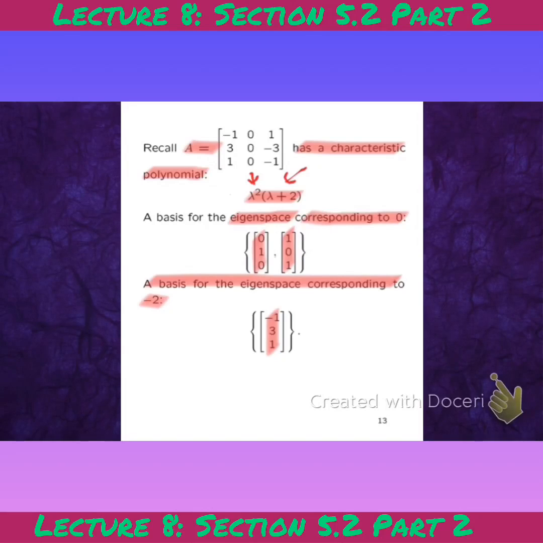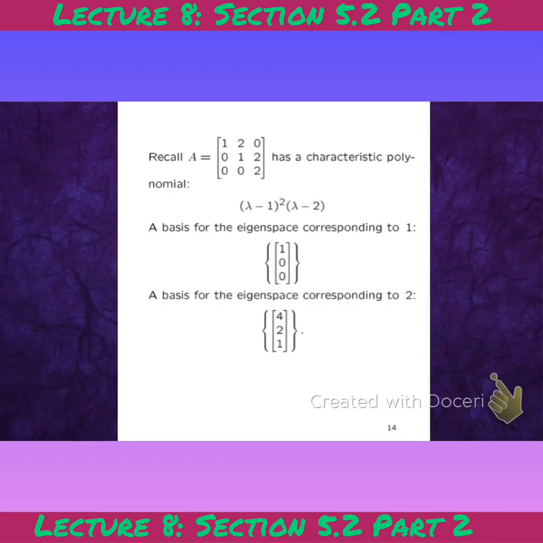Right, so there you can easily see that in that particular case the dimension of each eigenspace is equal to the number of times it occurs as a factor in the polynomial. Then again here you've got another example.